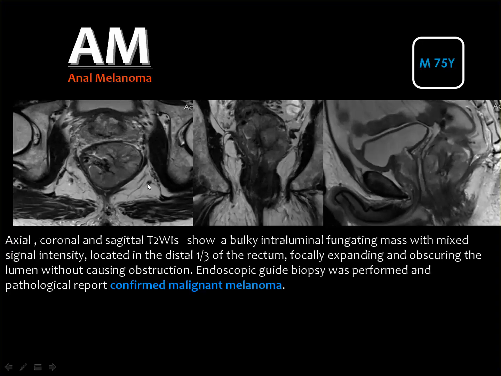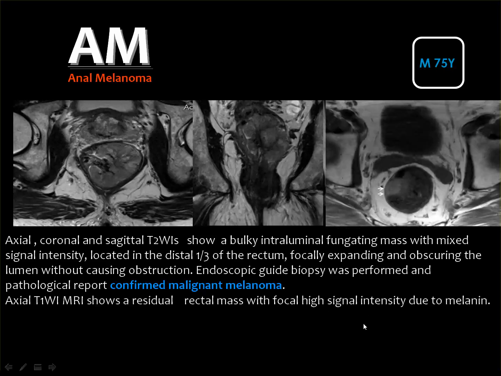In this case, you see a big mass infiltrating the anal canal and maybe the lower rectum, and it is not discriminable from anal cancer.